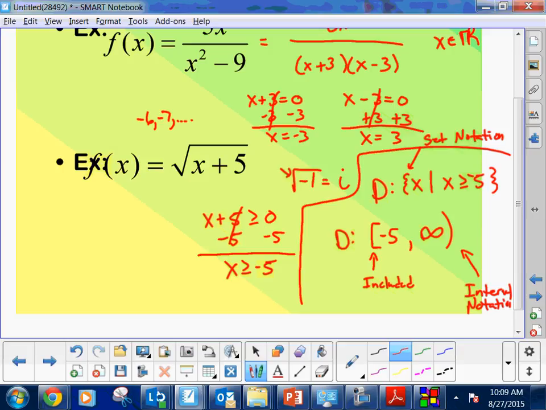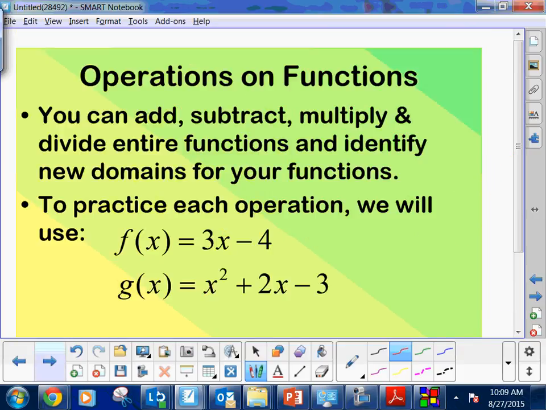This is what we're going to get into, especially tomorrow: operations of functions. What we're going to do with these functions is add them, subtract them, multiply them, and divide them. When we do this, we have to identify new domains for your functions and carry over existing domains, because it's like a grandfather clause. I don't know how many of you have heard about a grandfather clause.